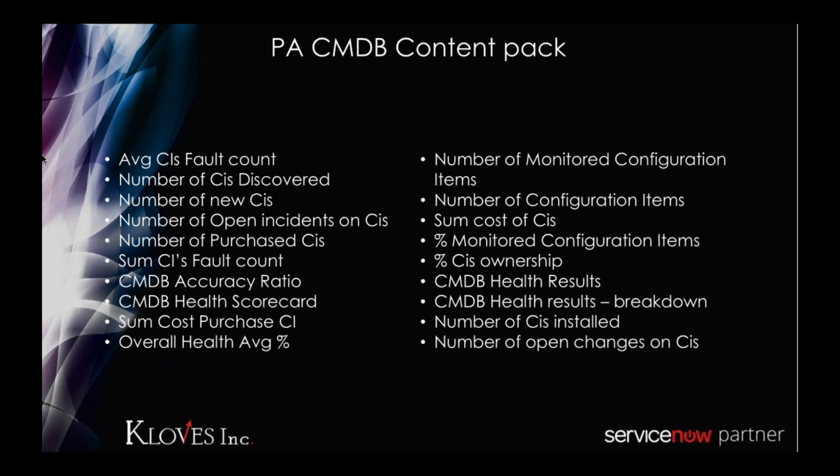With the CMDB content pack, some of the out-of-the-box KPIs that we're able to look at are the average CI's fault count, the number of CIs discovered, number of new CIs, number of open incidents on CIs, the number of purchased CIs, the sum CI's fault count, CMDB accuracy ratio, which I went over the formula for, the CMDB health scorecard, the sum cost of purchased CIs, the overall health average percentage, the number of monitored configuration items, number of configuration items, sum cost of CIs, and the percent monitored configuration items.